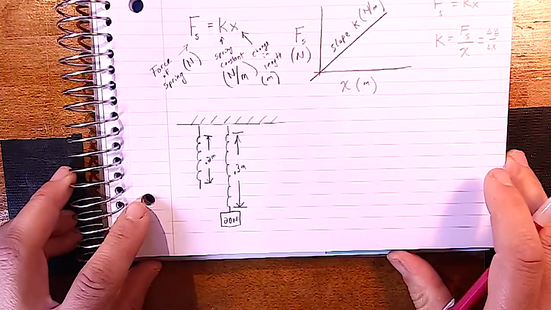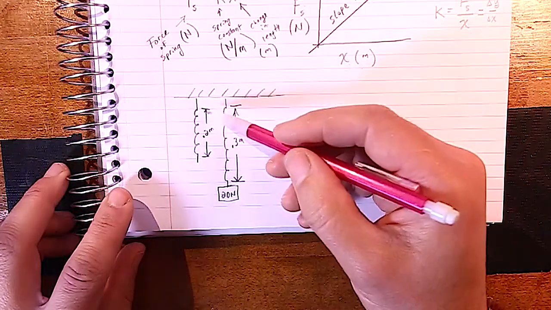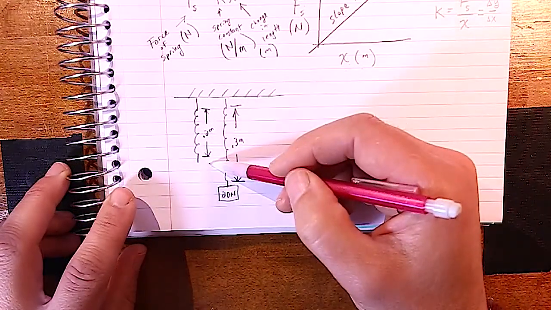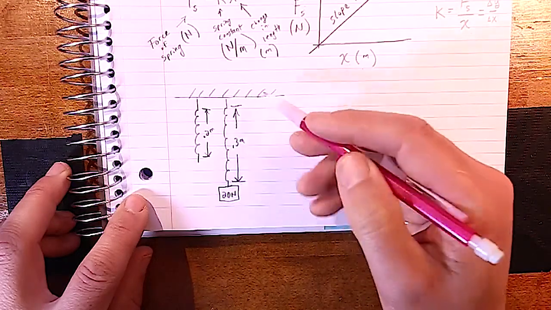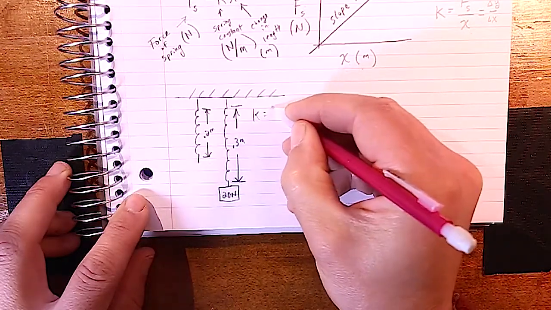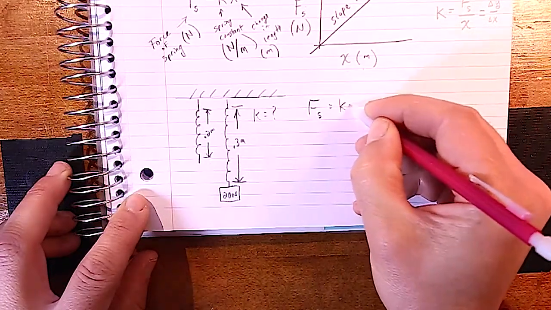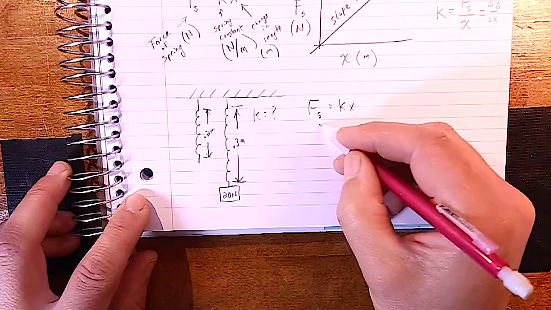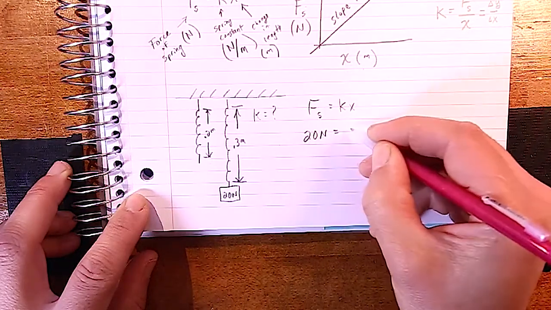So let's go ahead and do a problem. Let's say we have a spring, and this is its equilibrium position, and we hang a 20 newton weight on it, and the question is, find k. So that's going to be Fs is equal to kx. The force applied to the spring in its new position is going to be 20 newtons.